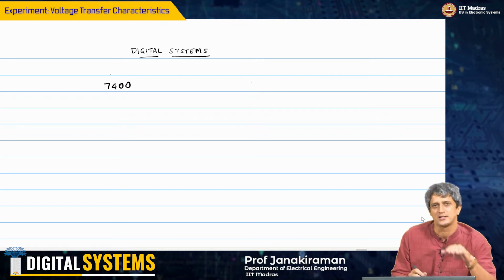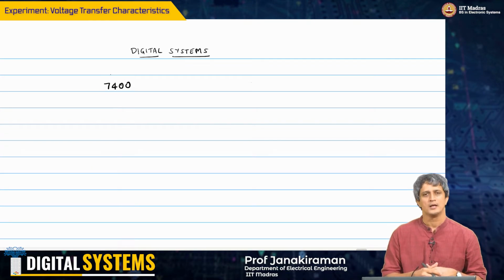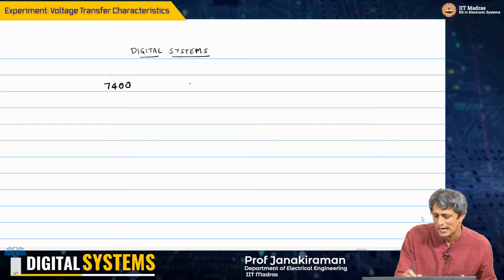This 7400 is the number of a certain IC, integrated circuit, that has a couple of NAND gates.